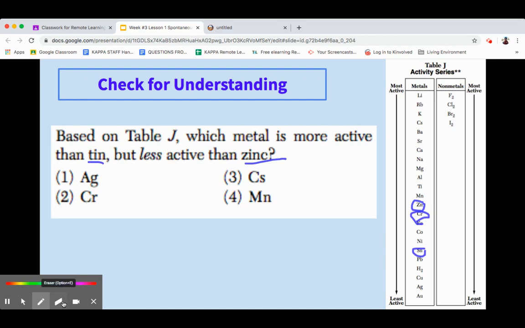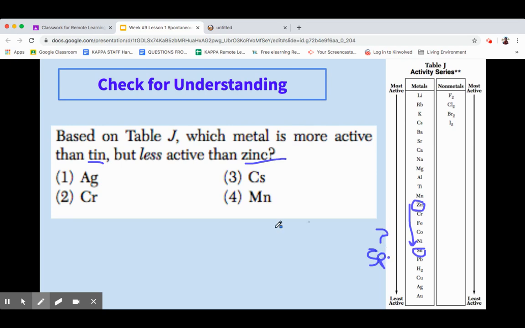Now, the question that I want to ask you guys is, if zinc is giving electrons to tin, so going this way, is that a spontaneous reaction or non-spontaneous? That would be a spontaneous reaction.